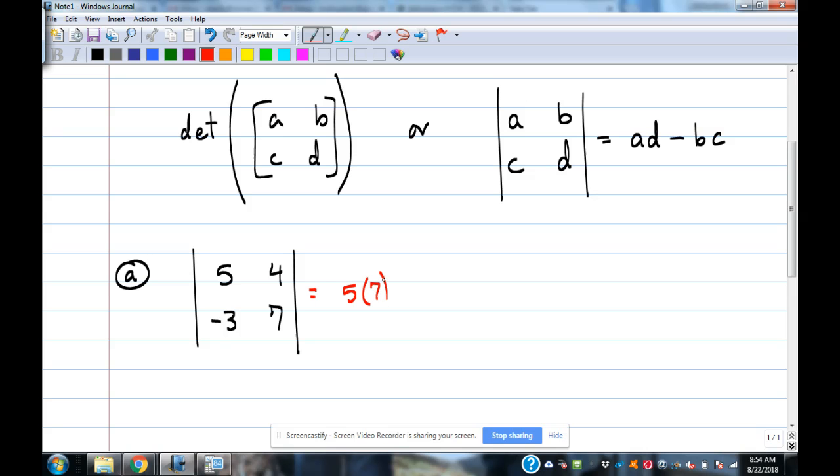I'm going to write it out here so we know where we're coming from. Minus 4 times -3. It's always a minus sign in the middle there for 2 by 2s. And then you just do the math. 35 ends up being plus 12 because it's -4 times -3, which is 47. The determinant is 47.